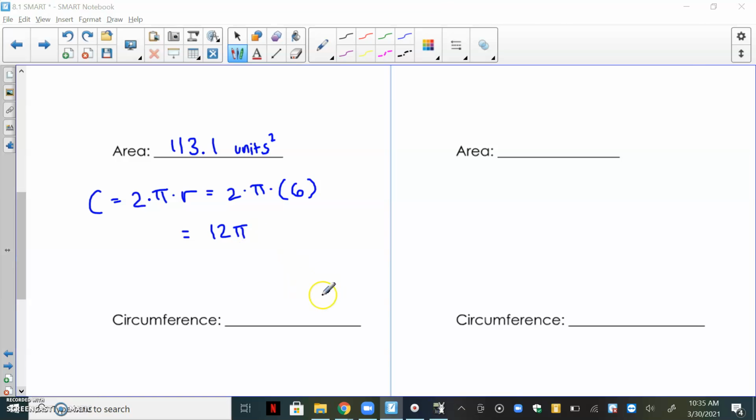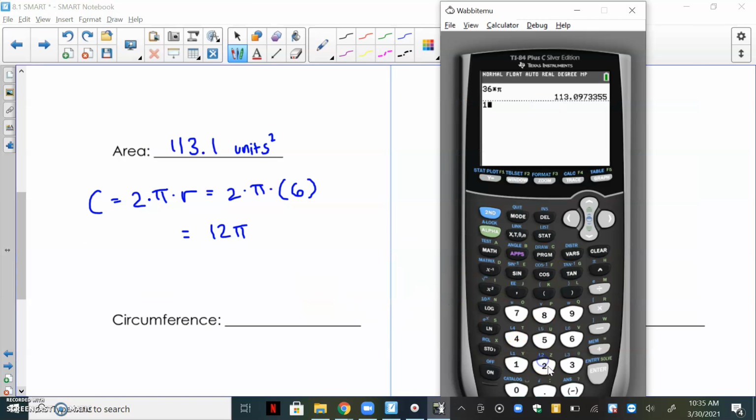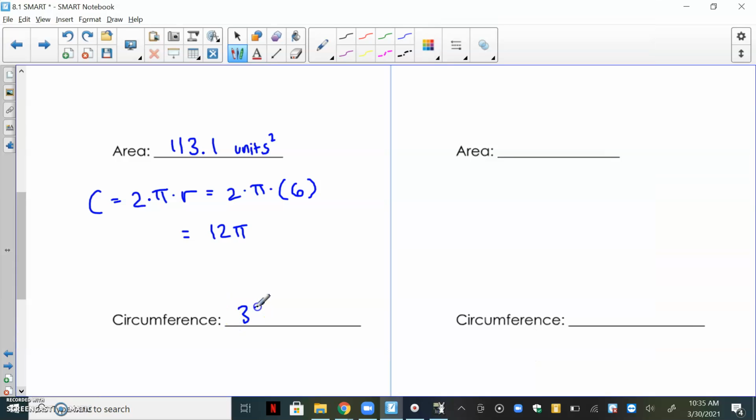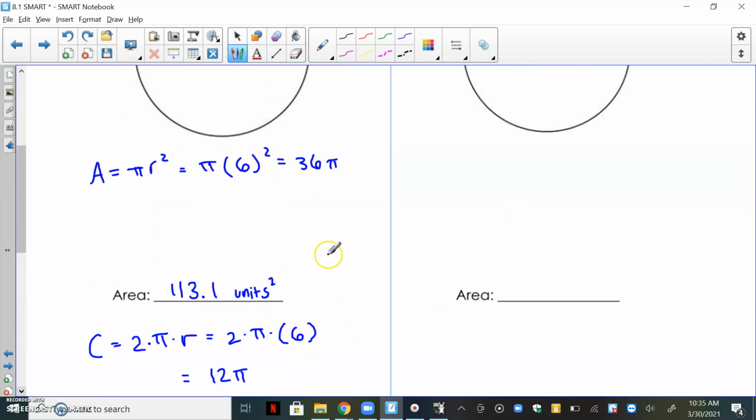So 12 times pi, again you'll type that into your calculator, and we get 37.699. Let's call that 37.7. We don't have any units, so we'll just use the word units. That is how to find the area and circumference given a radius.